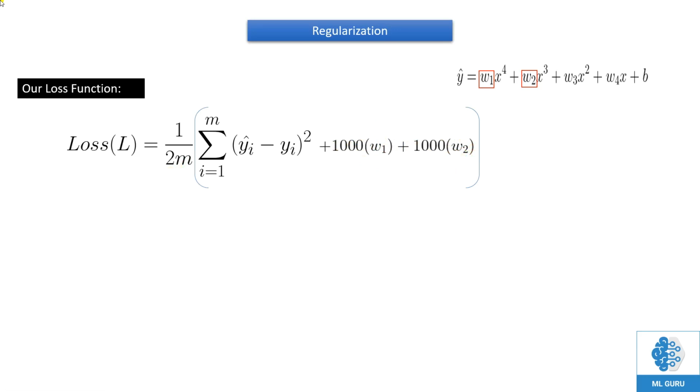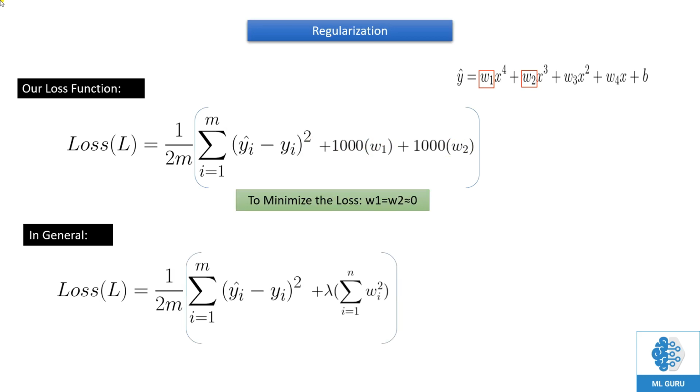Now to minimize this loss function, what will the model do? The model will set the values of W1 and W2 close to 0 such that these two big terms will go down to 0, so that we are left with this original thing. But by doing this we have reduced the value of W1 and W2, and we have also simultaneously reduced the complexity of our model. Okay, so to minimize the loss we have to set the values of W2 and W1 to 0.